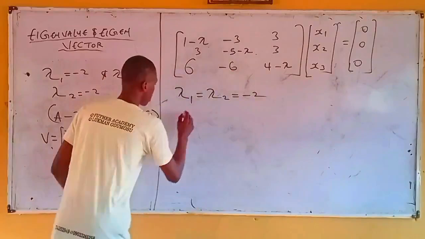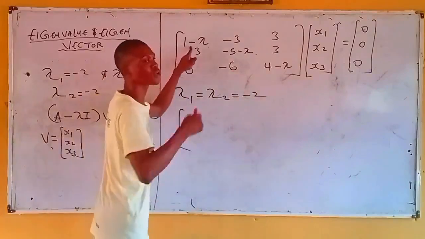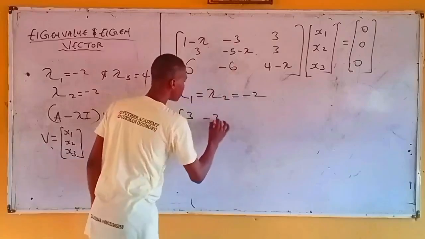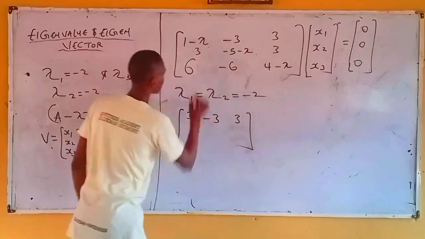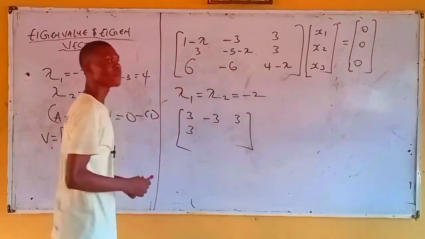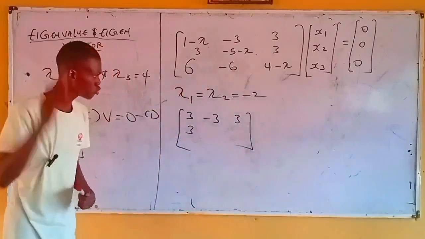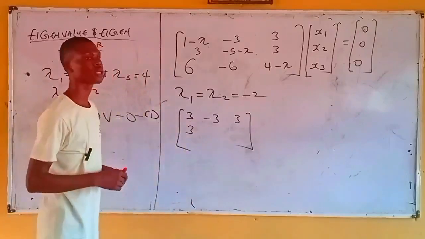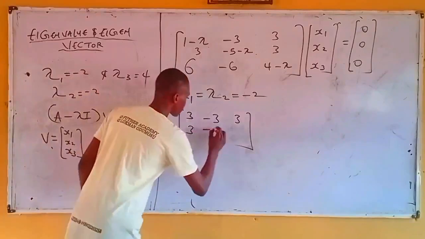You have 1 minus -2, that's what? 3. You have -3, 3, then 5 minus 2, meaning -5 plus 2, and that becomes what? -3.